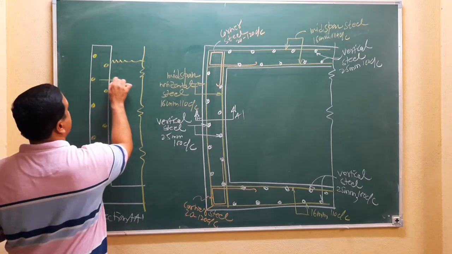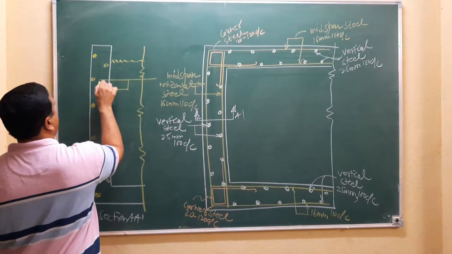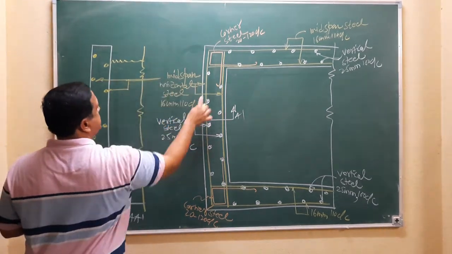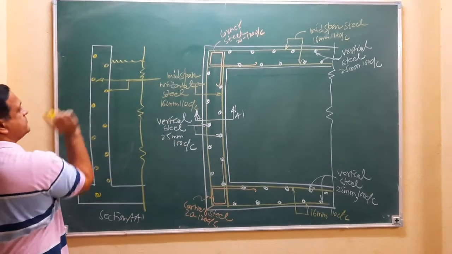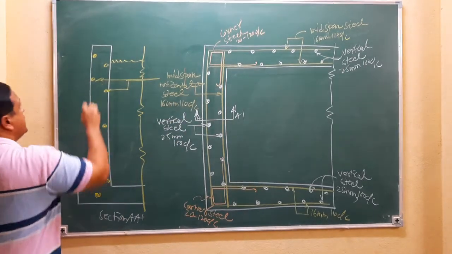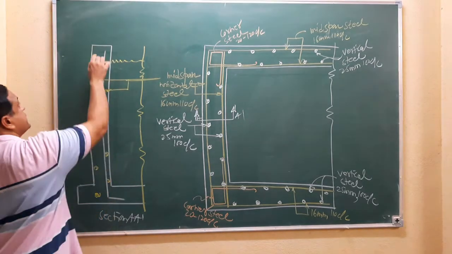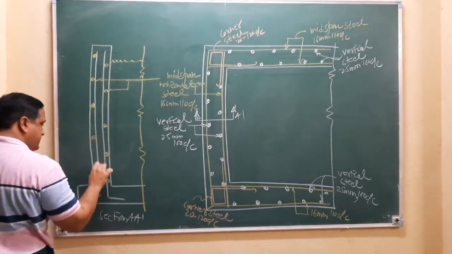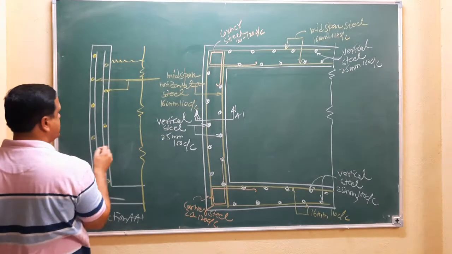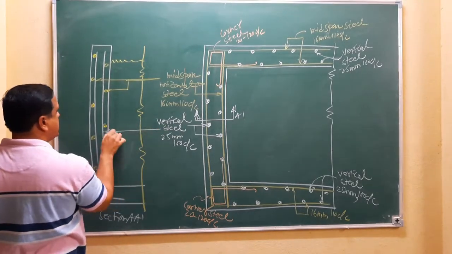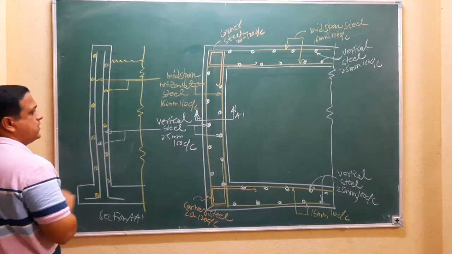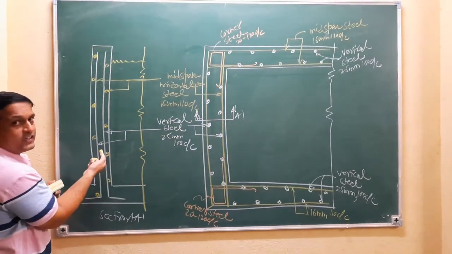And this is the vertical steel. You have to show it like this in cross section.